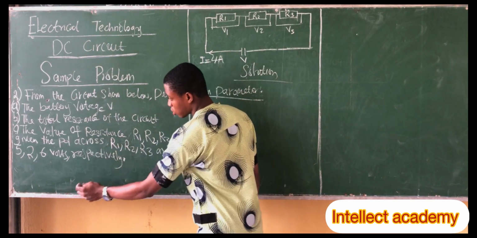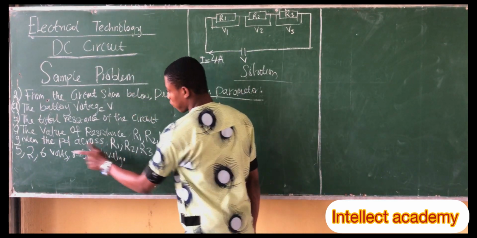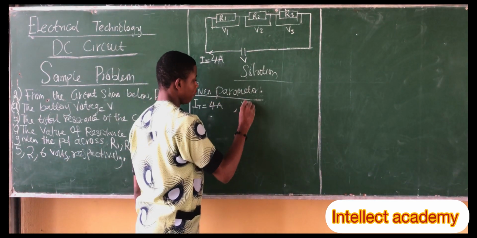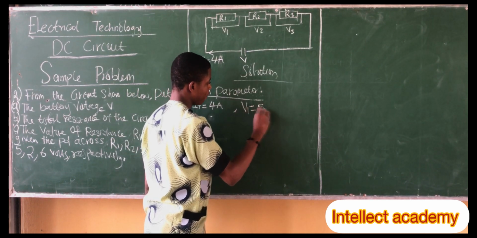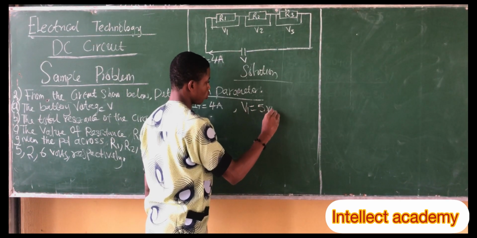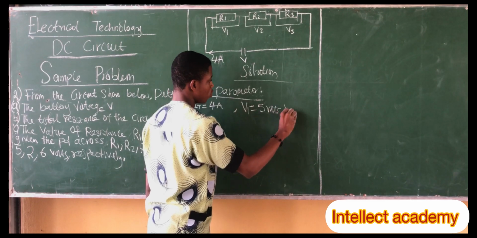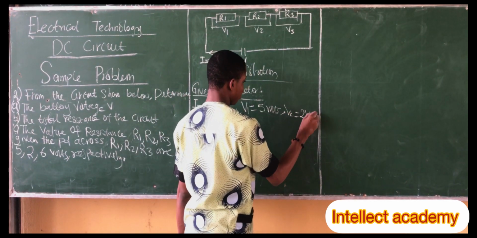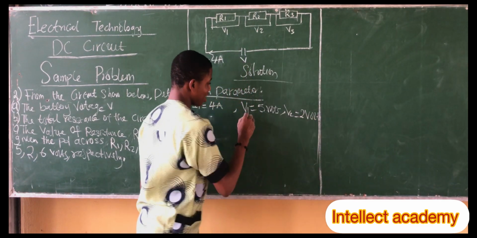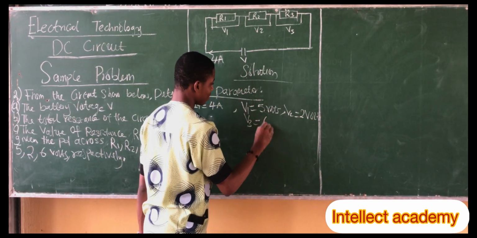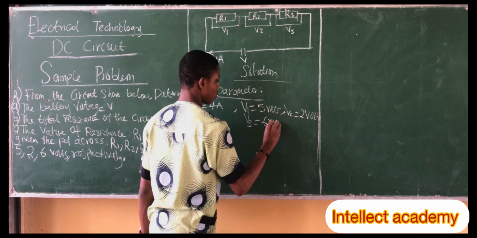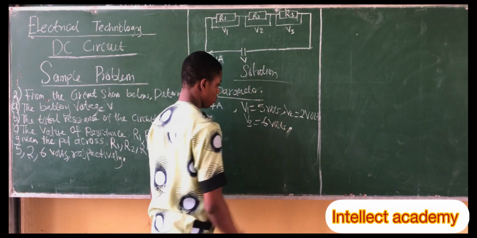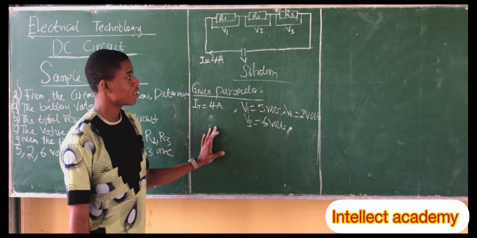So the PD for R1 is 5, so we have V1 is equal to 5 volts. V2 is equal to 2 volts. And V3 is equal to 6 volts. So these are the given parameters.